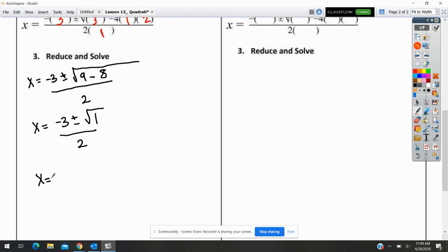So we have x equals -3 plus or minus the square root of 1. If you use your calculator, or know in your head, 1 times 1 is 1, so the square root of 1 is 1, and this is all divided by 2. At this point, we got rid of the radical sign.